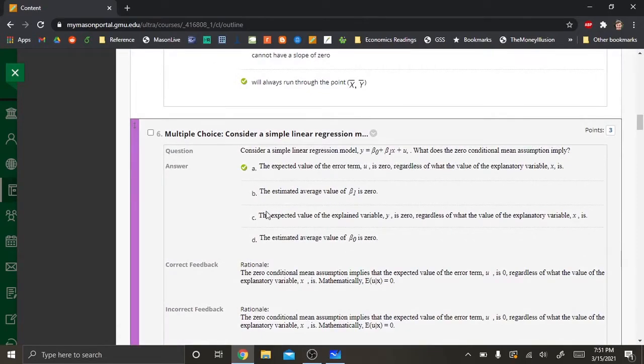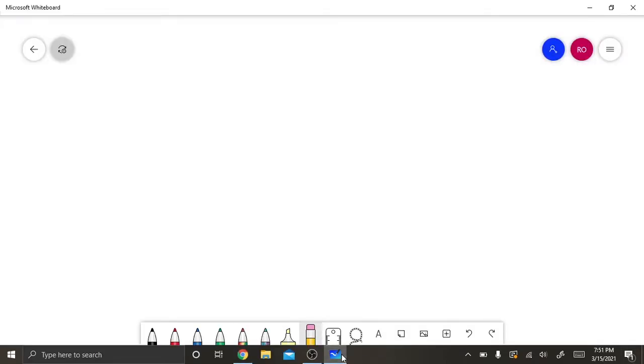All right, next one, we're asking about the zero conditional mean assumption. All right, let's work bottom to top here. The estimated average value of beta naught is 0. No, that's not the zero conditional mean assumption. The expected value of the explained variable is 0, regardless of what the value of the explanatory variable is. We would write that out something like the expected value of y hat conditional on xi is equal to 0.